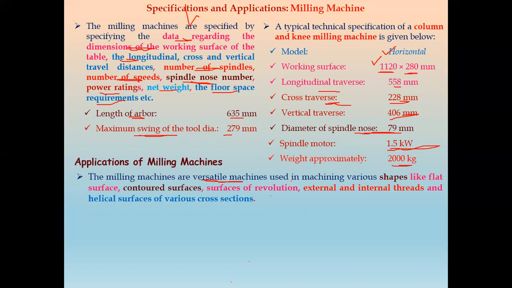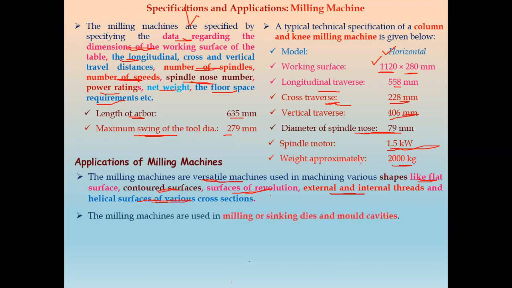We can produce flat shapes. We can produce contoured surfaces also. Then surfaces of revolution. Then we can produce internal as well as external threads on this milling machine. Then helical surfaces of various cross sections can be produced by using these milling machines.